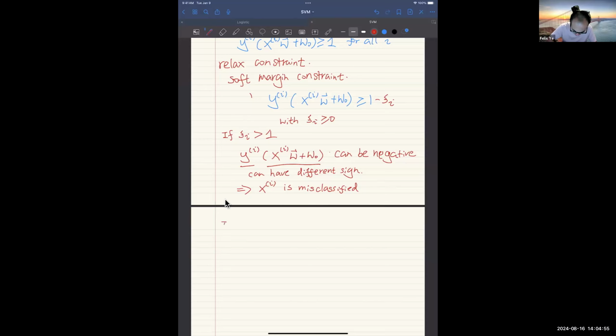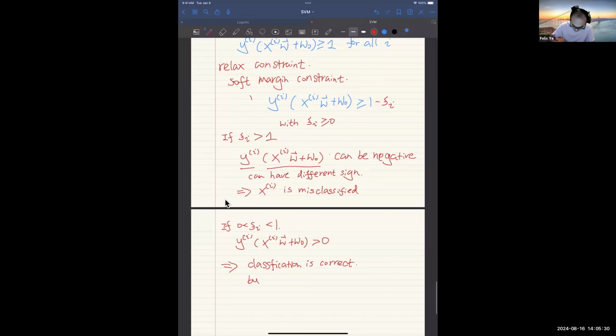If xi_i is between 0 and 1, then the multiplication of this whole term is still bigger than 0. That means they still have the same sign, so the classification is correct, but x_i is within the margin.